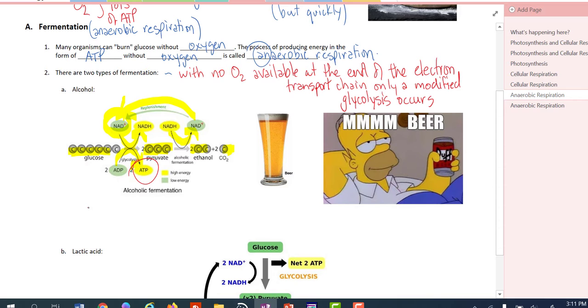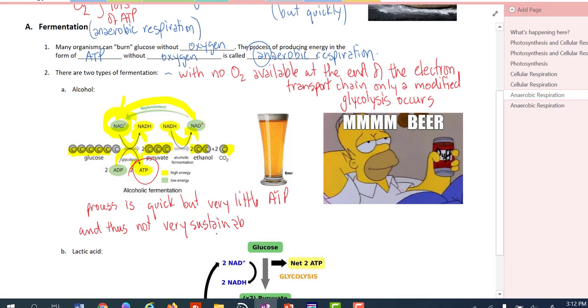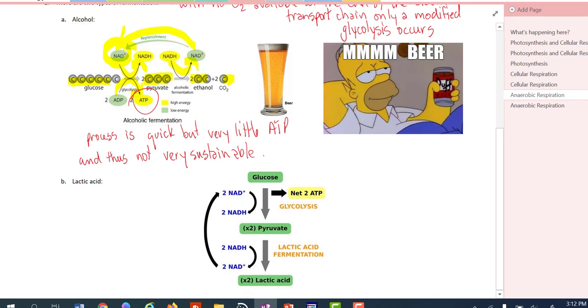So the process is quick, but very little ATP, and thus not very sustainable. And that can be more obvious when you consider fermentation in us, in which we call it lactic acid fermentation.